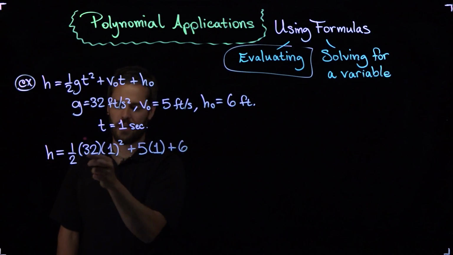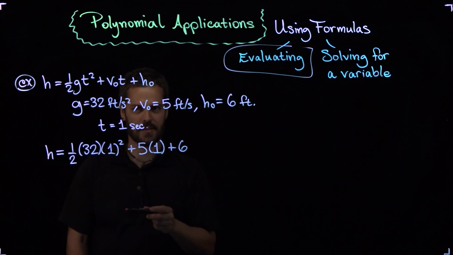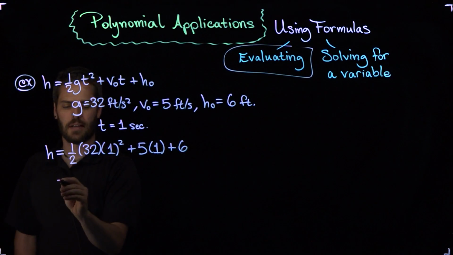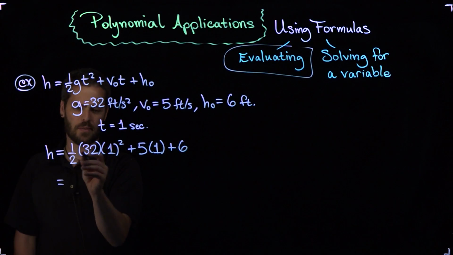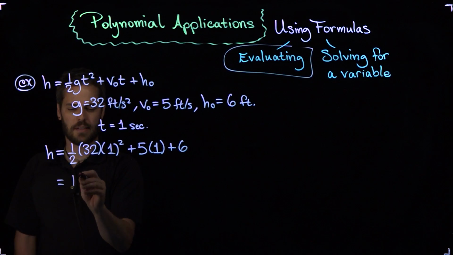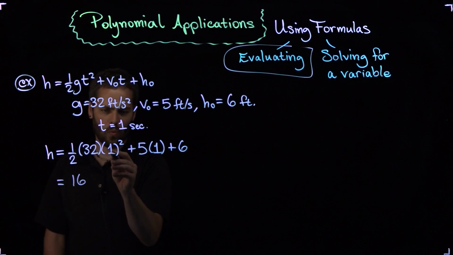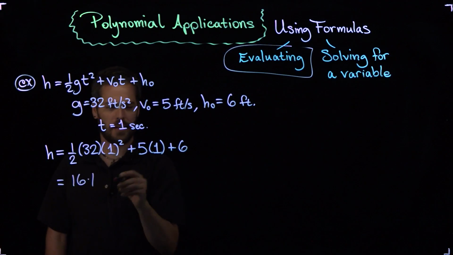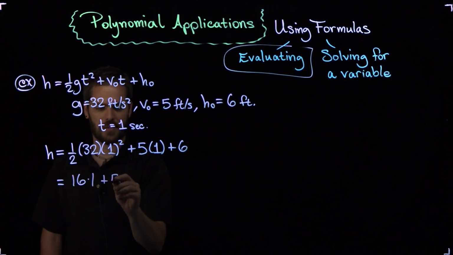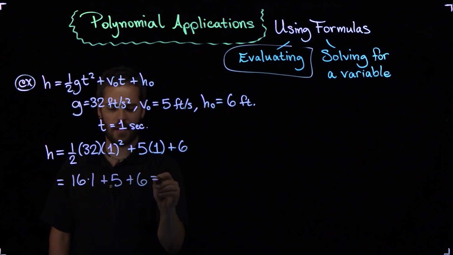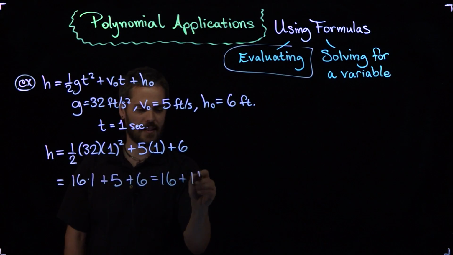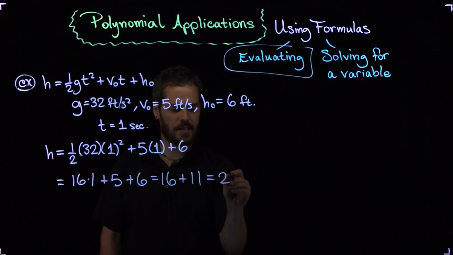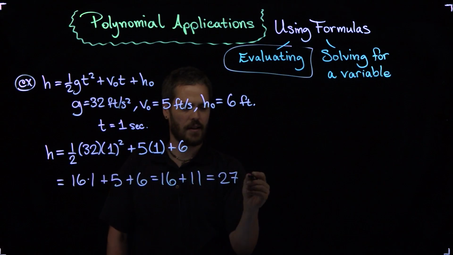Then be very careful in cranking the machine. Really, it's just following the order of operations, and we are now evaluating this formula given all this information. So that would come out to 1/2 times 32, which gives me 16. 1 squared is just 1, so I have a times 1 right there. Plus 5 times 1 is 5, plus 6 equals 16 plus 11, which equals 27 feet.